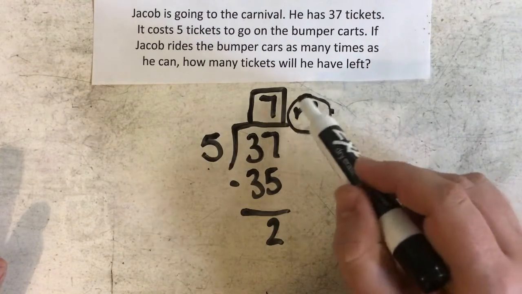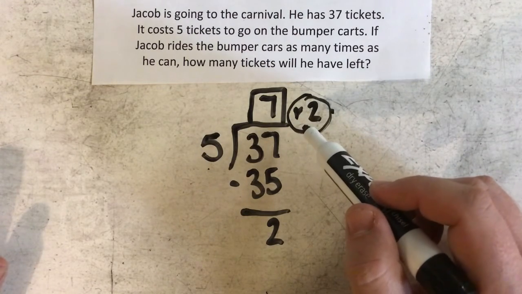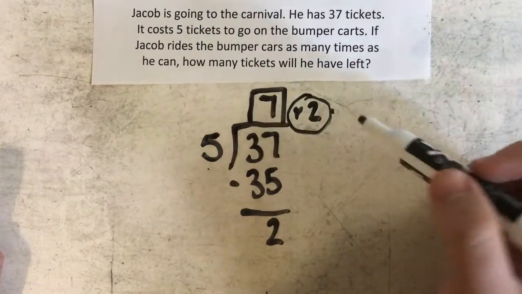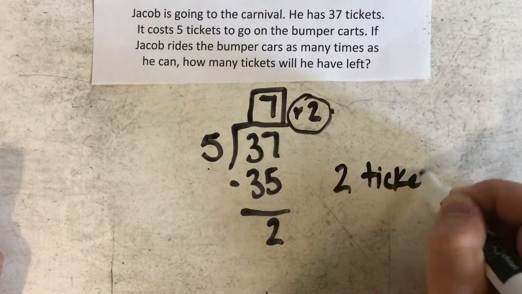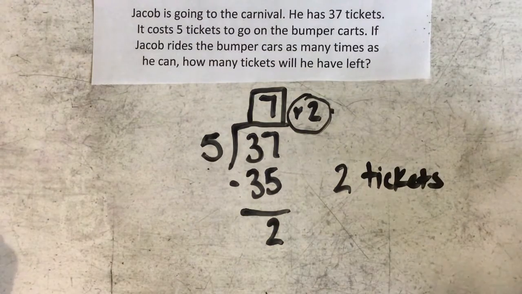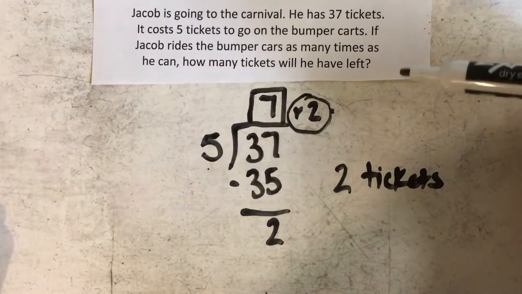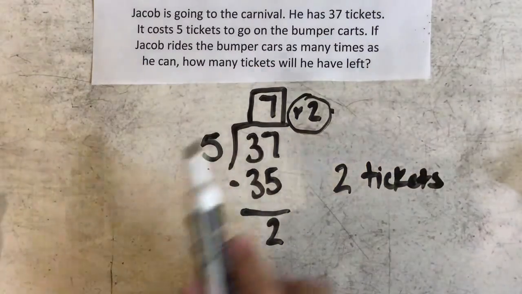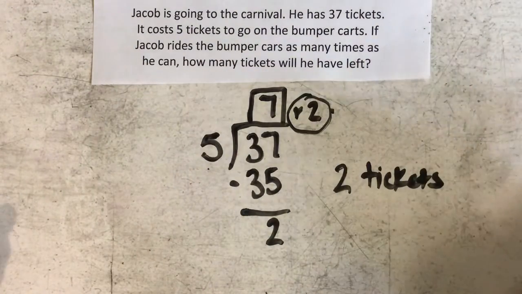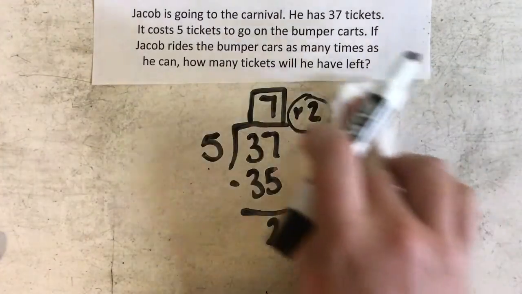So he will only have 2 tickets left over, which answers my question. So I would say 2 tickets. Again, it's really important that we are reading the question to understand what the answer is going to be or how I'm going to interpret my remainder.